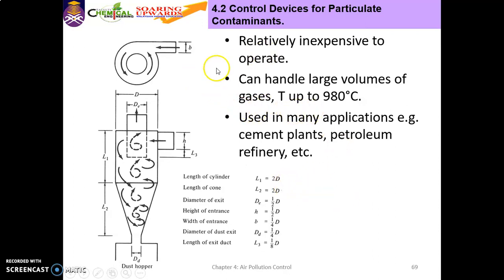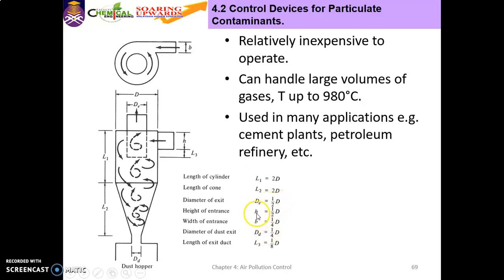Okay, for the cyclone, if you can see here, the diameter and the lengths have been determined. This is the proportion: L1 equals 2D, L2 equals 2D, diameter of exit equals half the diameter.